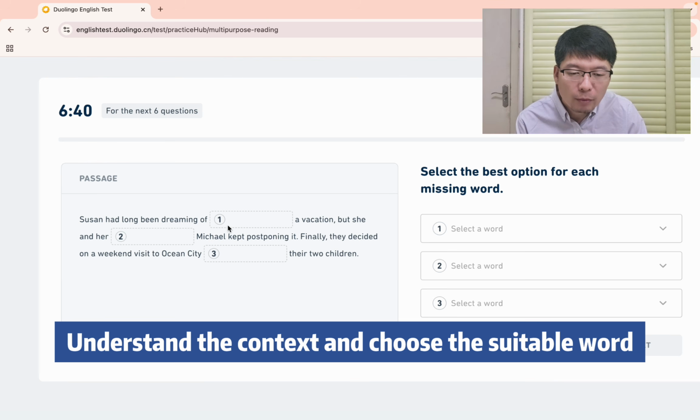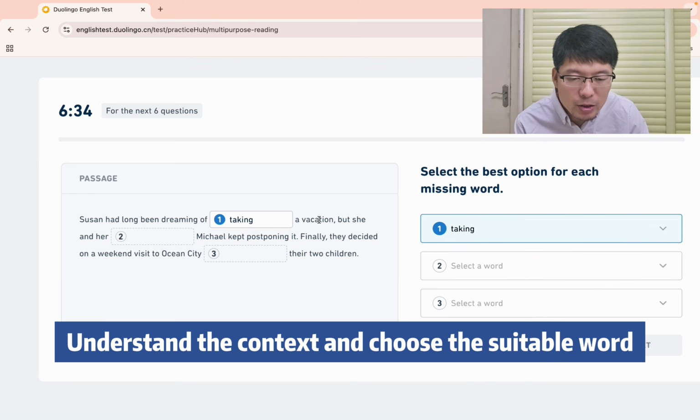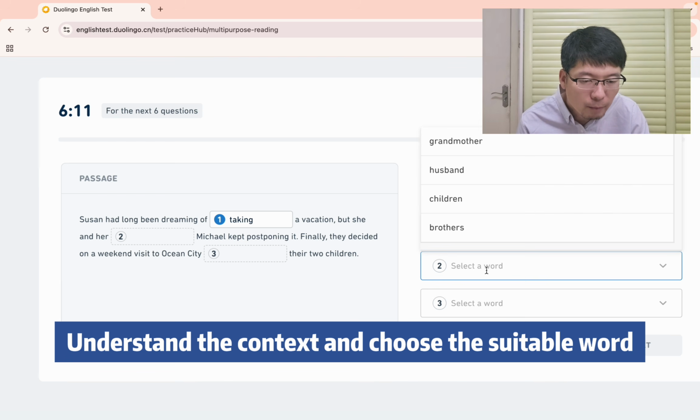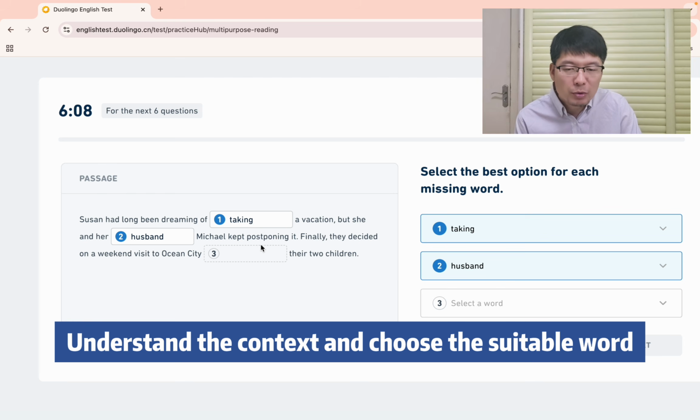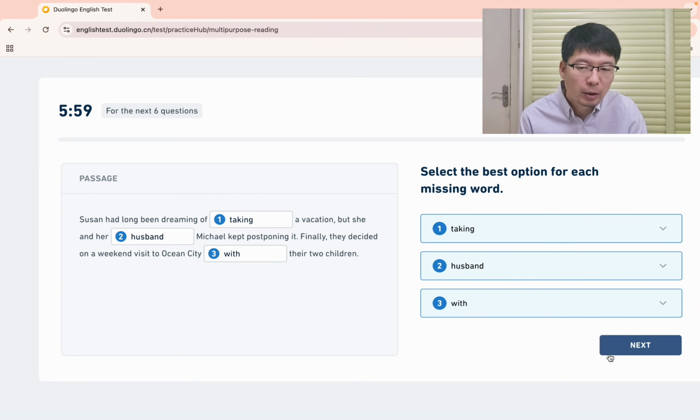Susan had long been dreaming of taking a vacation, but she and her husband Michael kept postponing it. Finally, they decided on a weekend visit to Ocean City with their 2 children. We can see they have 2 children, so they are a couple. Okay, next.